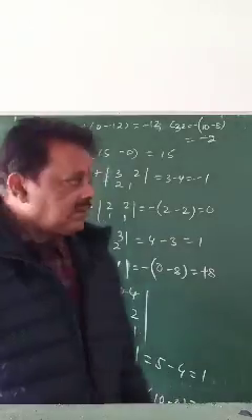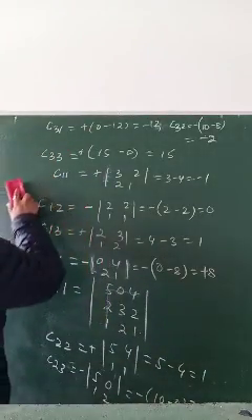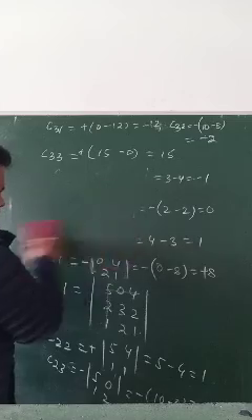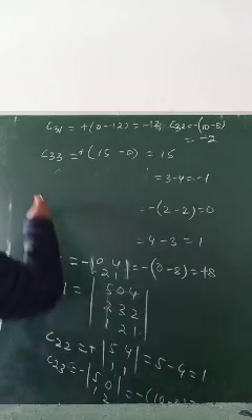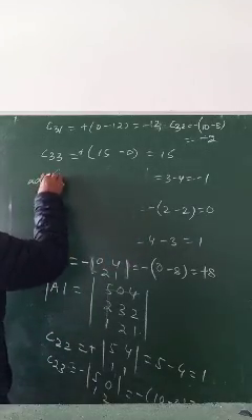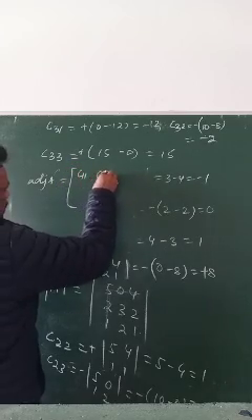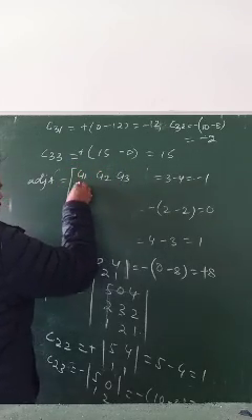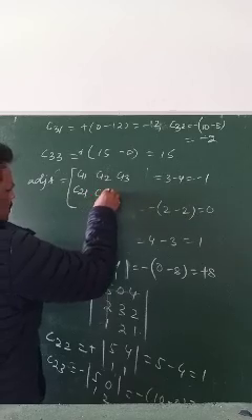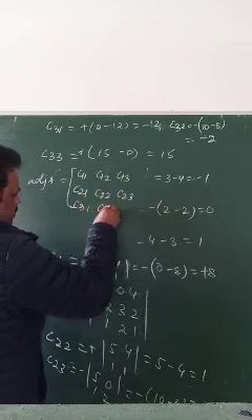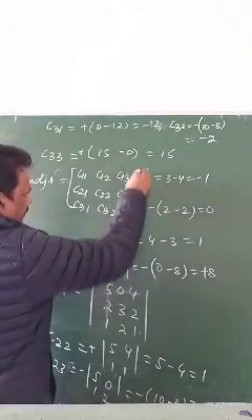Okay. The result of the adjoint of A is C11, C12, C13, C21, C22, C23, C31, C32, C33.